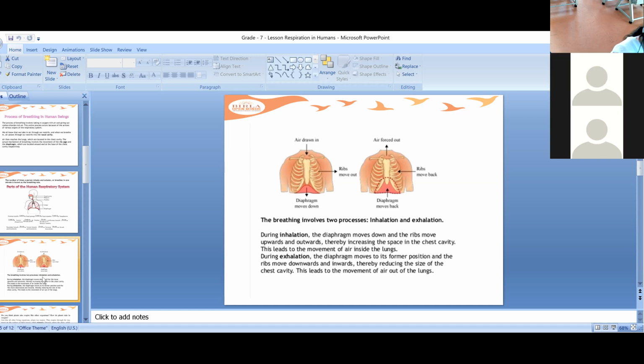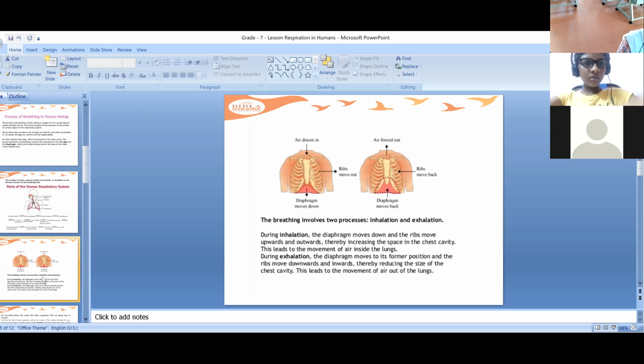During inhalation, the ribs move upward, increasing the space in the chest cavity. When the air is forced out during exhalation, the diaphragm moves back.